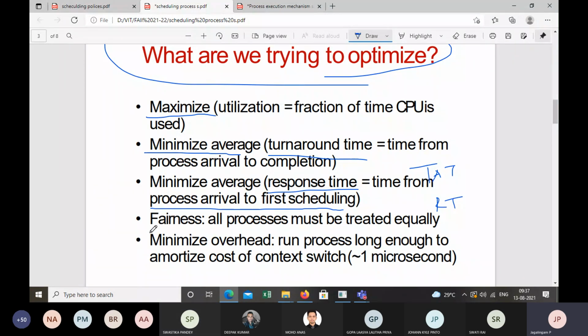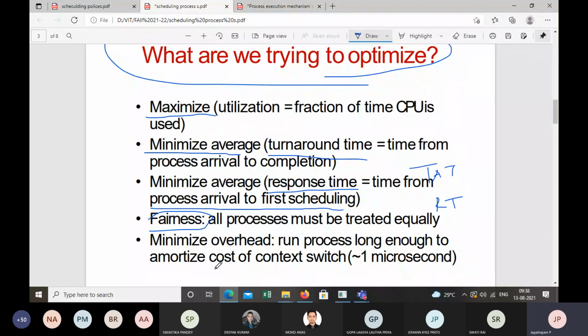The fourth goal of a scheduler is fairness. What do you mean by this? The scheduler needs to be fair enough. The scheduler should make sure that all the processes get time eventually. Okay, fine.